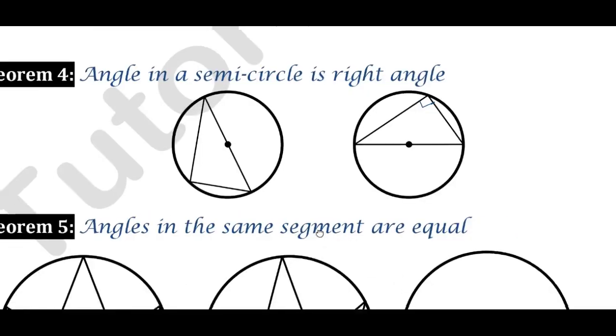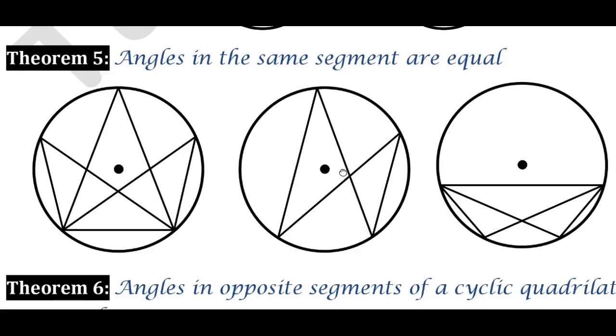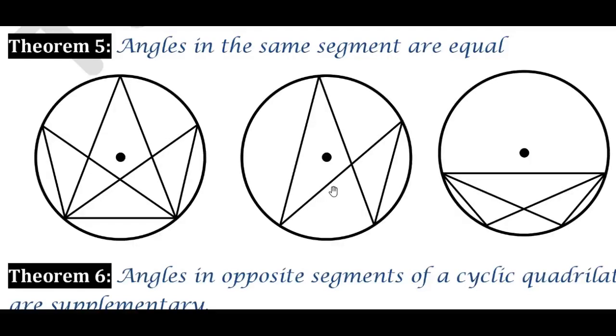So let's talk about theorem 5. Theorem 5 states that angles in the same segment are equal. So let's call this place PQ, all right? This is called PQ. And I told you that once you have a chord, the area bounded by that chord is a segment.